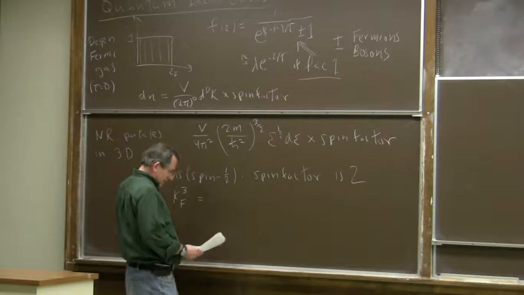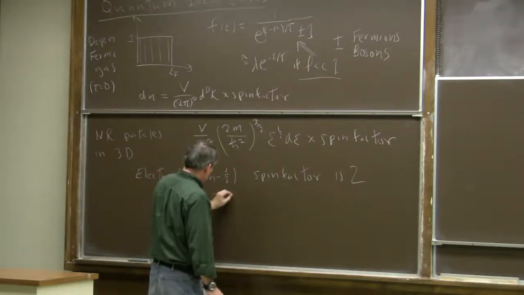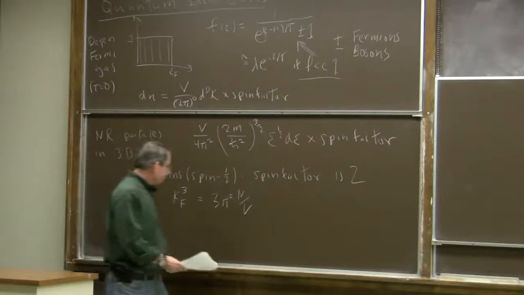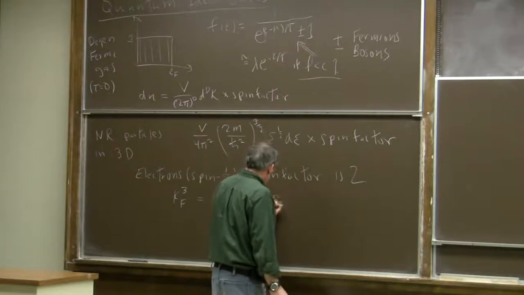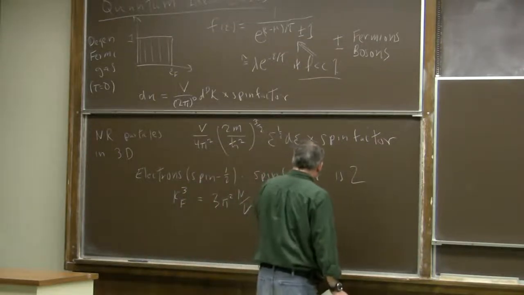We see that the Fermi wave number cubed can be written as 3 pi squared number of particles per unit volume.